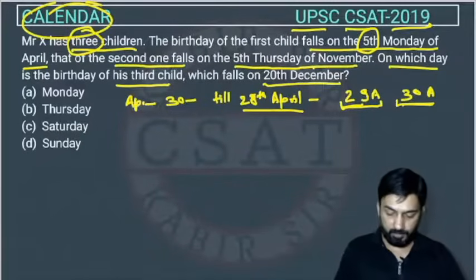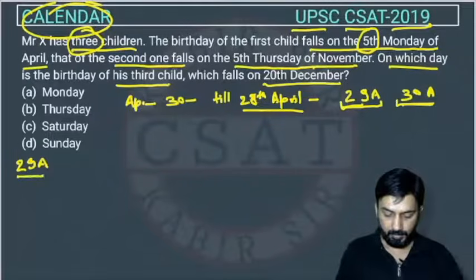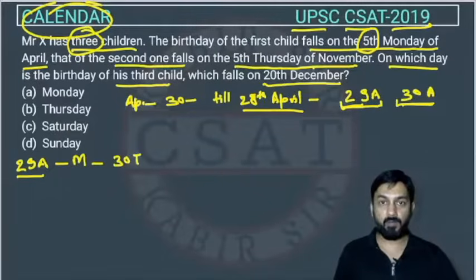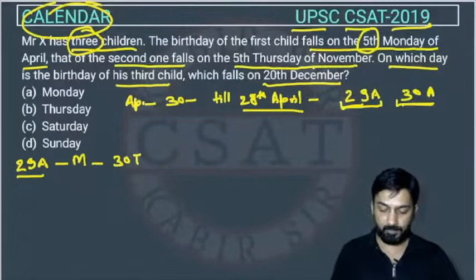So suppose the birthday is on 29th April, and they have given this is Monday, right? If this is Monday, then 30th will be Tuesday. And then now we have to count how many days are there till the 5th Thursday of November. In November also there will be 30 days, so the same thing will apply.